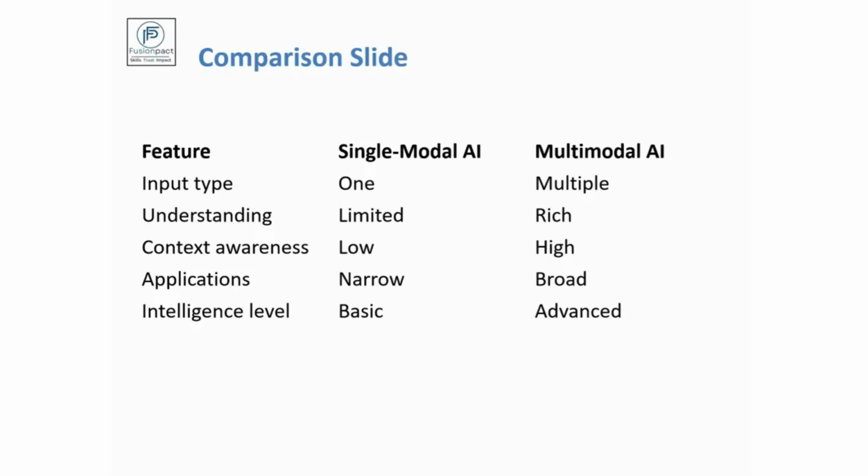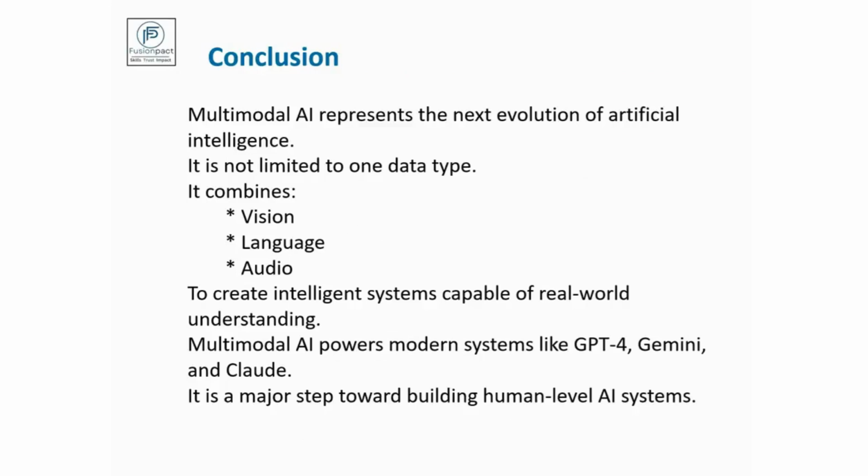Context awareness is low under single modal, while in multimodal it is higher. For applications, single modal has narrower applications while multimodal has broad. On the basis of intelligence level, single modal AI has basic intelligence, while the multimodal has advanced intelligence.